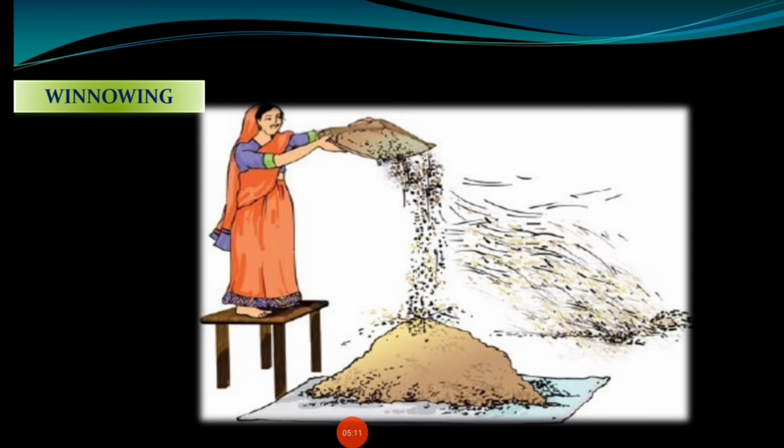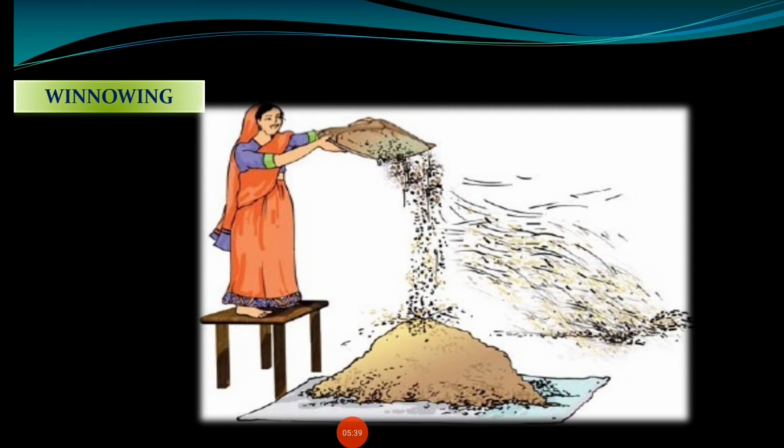Our next method of separation is winnowing. In this method, lighter components are separated from heavier components with the help of wind. This method is used to separate the grains from husk. The simplest way is to stand on a higher level and allow the mixture to fall on the ground.